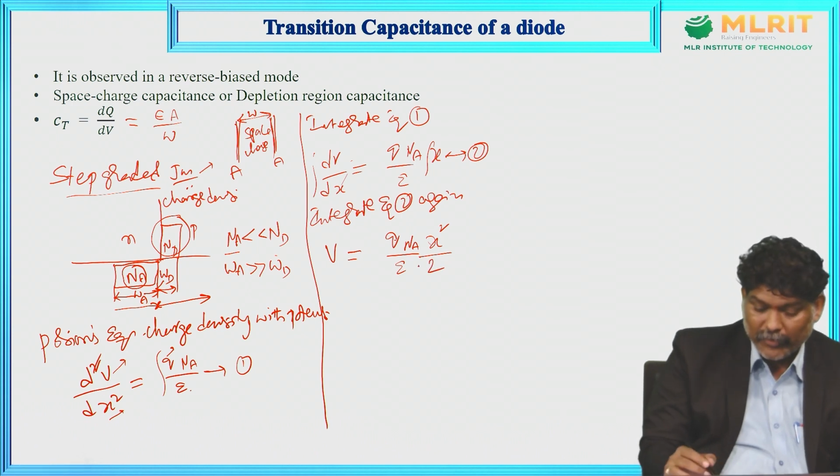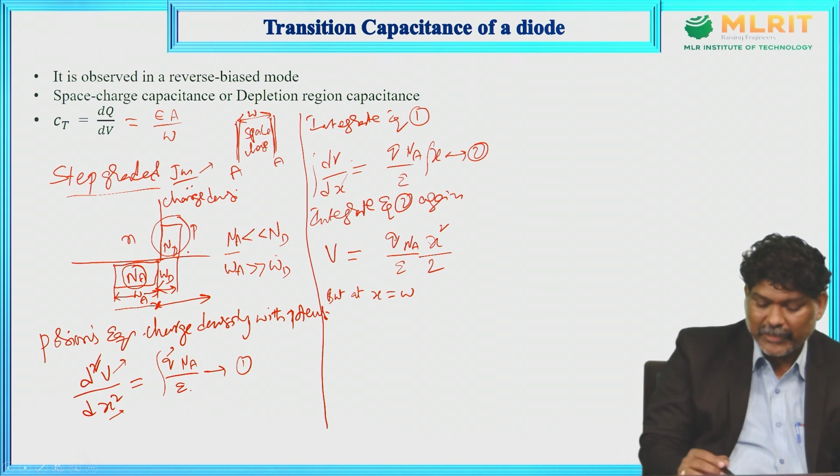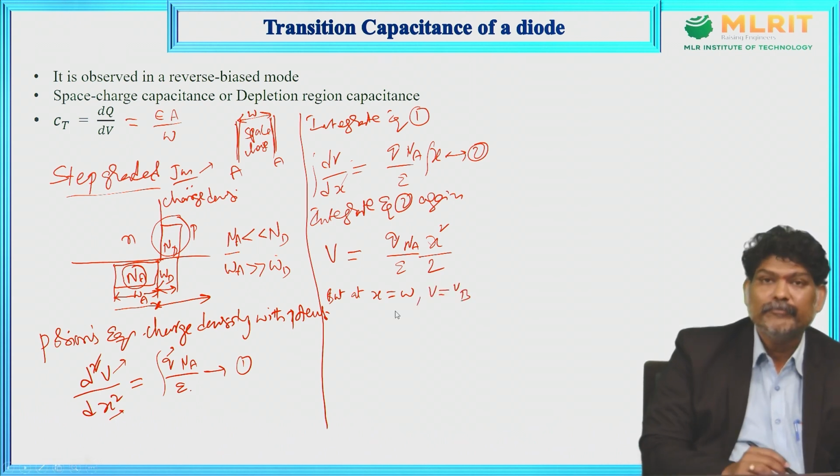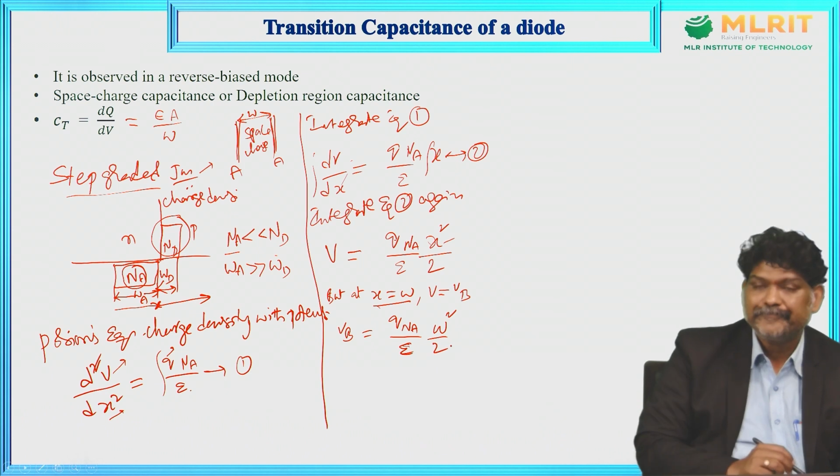But at x is equal to w, the total width of the depletion region, the potential V becomes VB, the barrier potential. Therefore, this can be written as VB is equal to QNA upon epsilon into w square by 2.